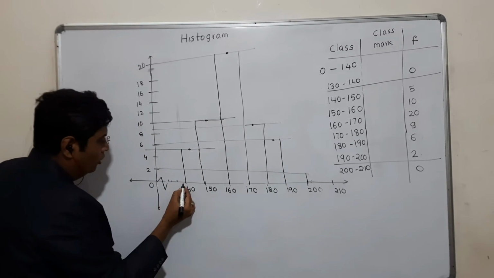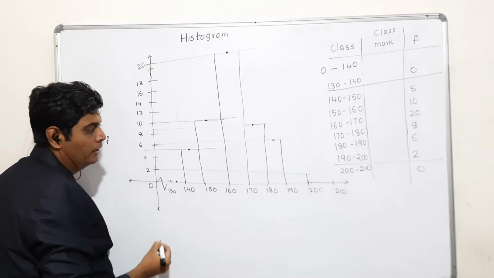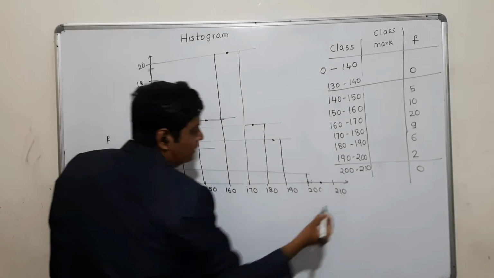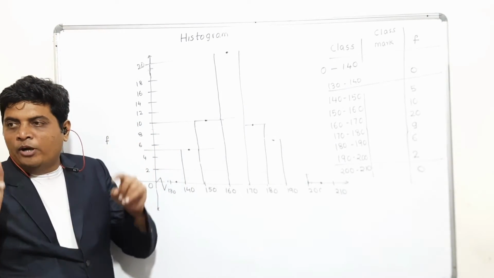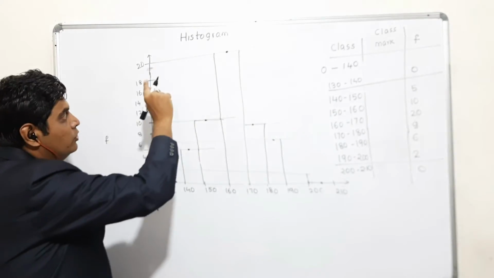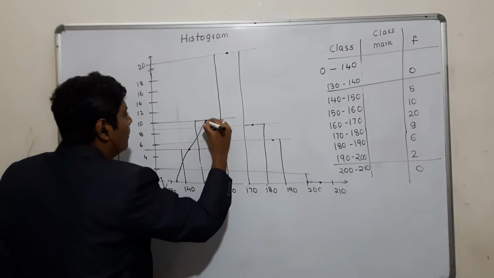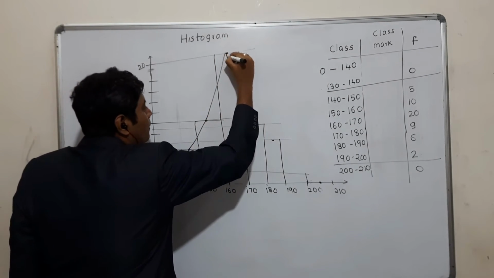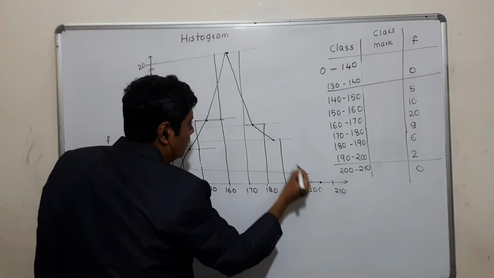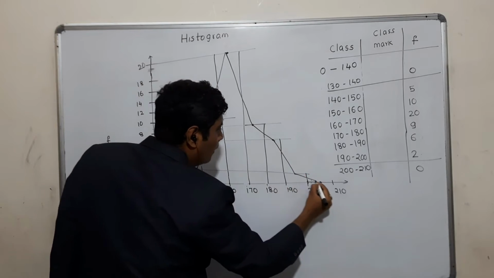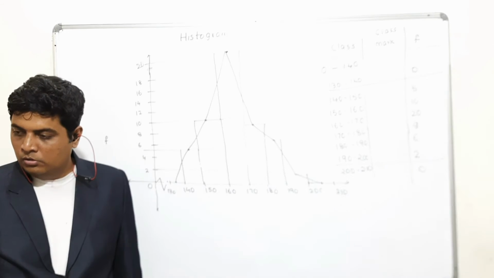Here you will have 130 to 140, take the midpoint, and 200 to 210, take the midpoint. So basically you join the midpoints of the tops of the bars. Now you join all of them, and this becomes your frequency polygon.